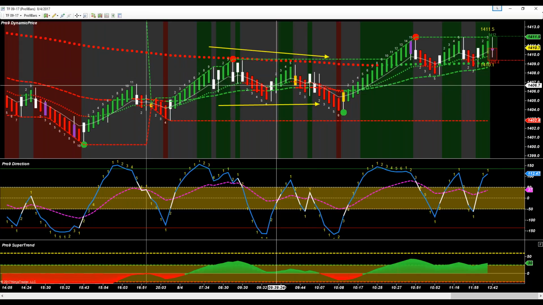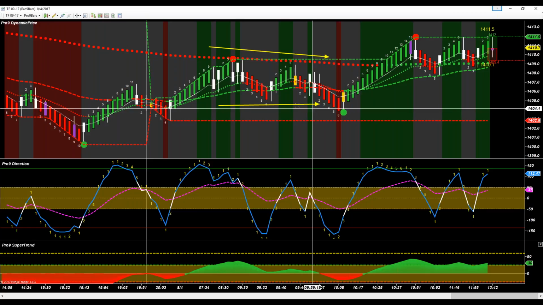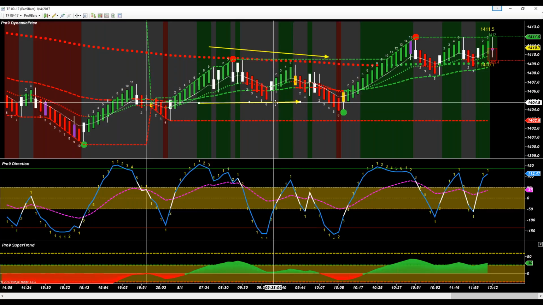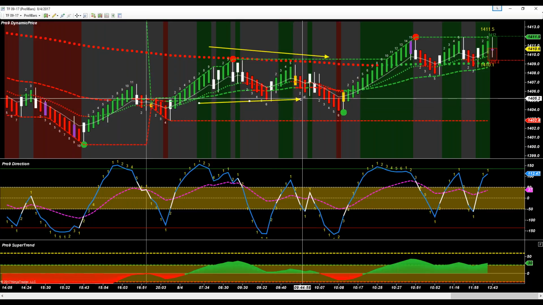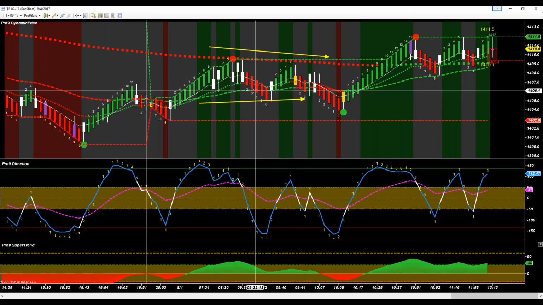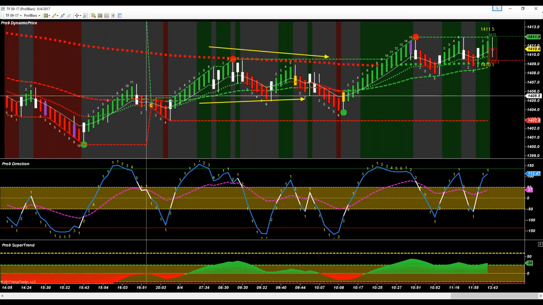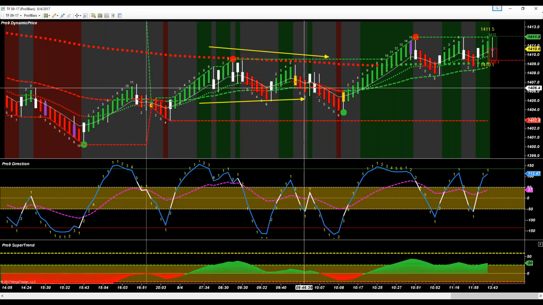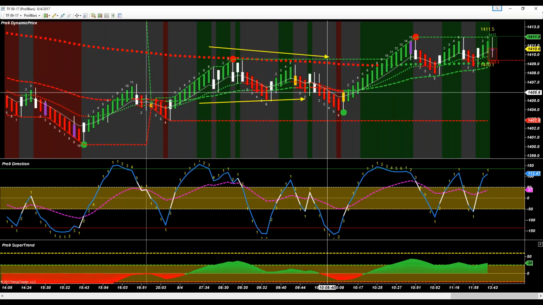Look at how my EMAs are roped together, but a similar situation as we saw on the YM. Once these EMAs start moving together and we get locked in this range here and just bounce back and forth.